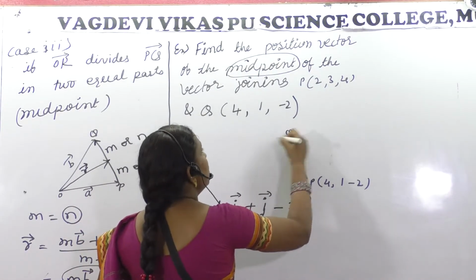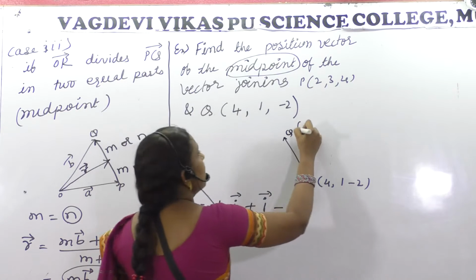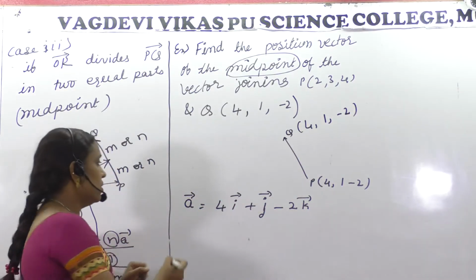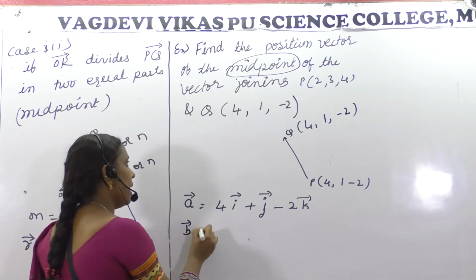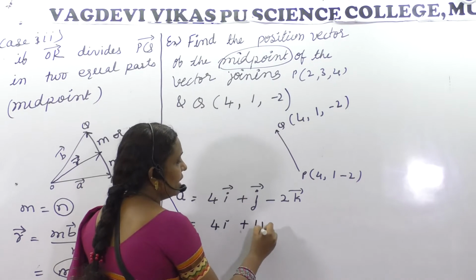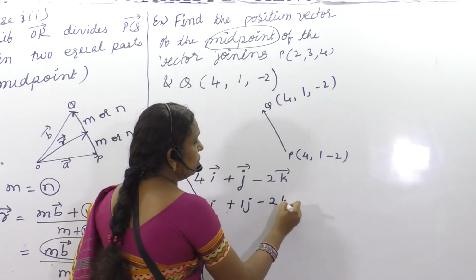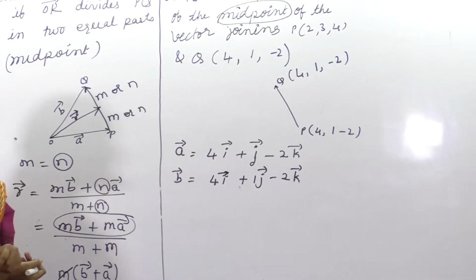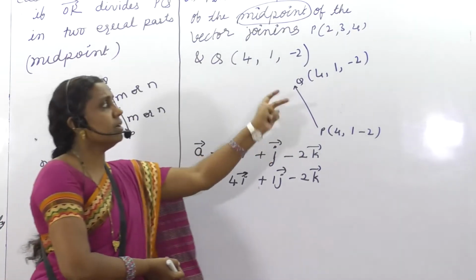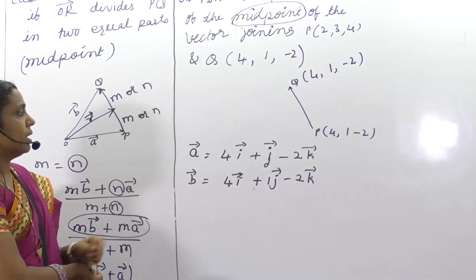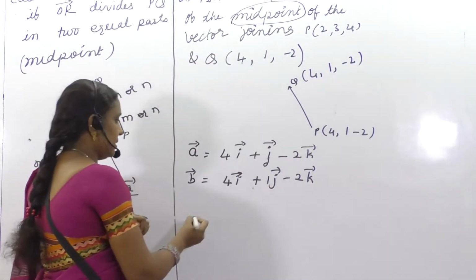And Q with the directional components 4, 1, minus 2. So with that the second vector B happens to be 4i plus 1j minus 2k. Am I right? This is how you have to make two vectors from the given components if it is in component form. Okay. Next, midpoint they are saying.